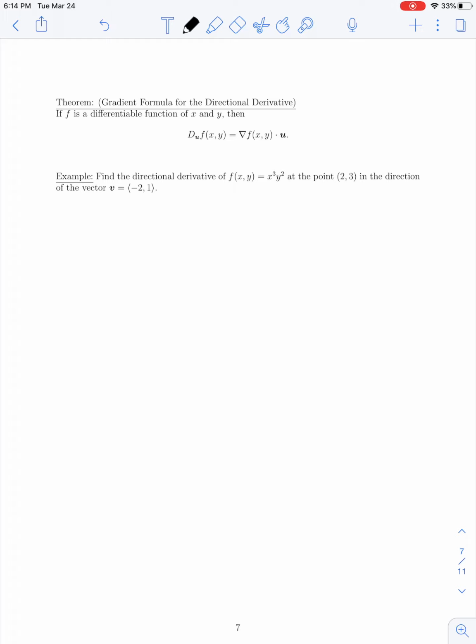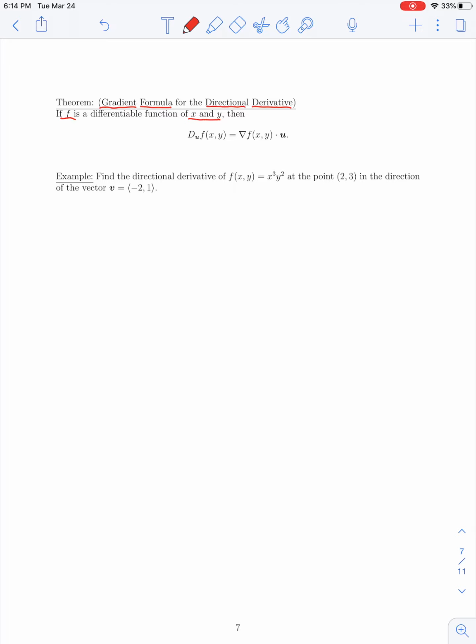The first application that we'll consider is in calculating the directional derivative of a function. So we have an alternative formula for a directional derivative, which involves the gradient of our function. This is sometimes called the gradient formula for that directional derivative.